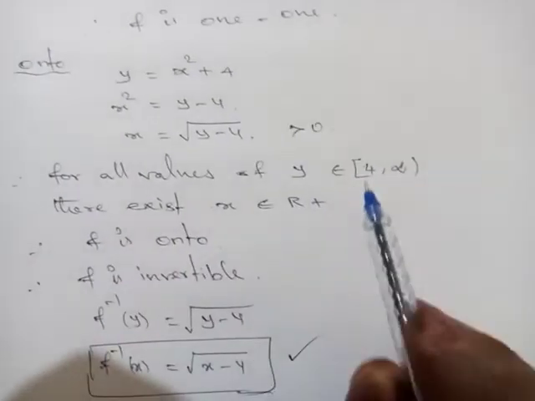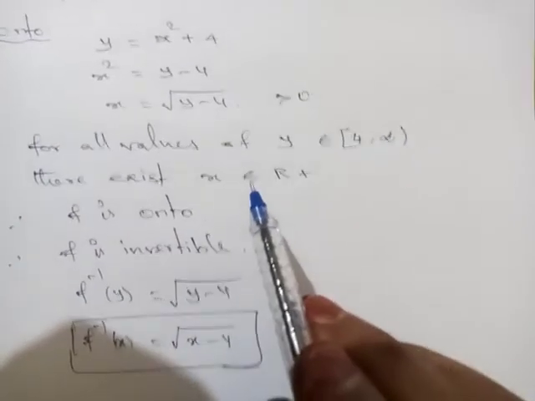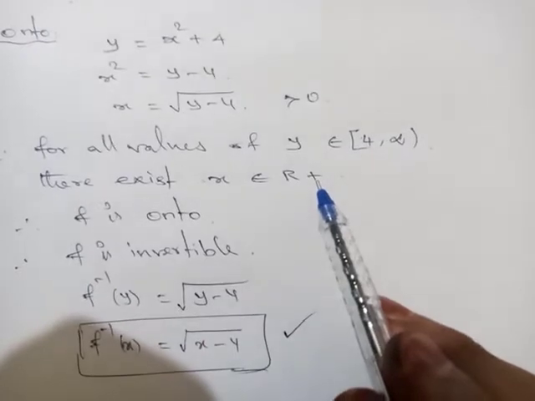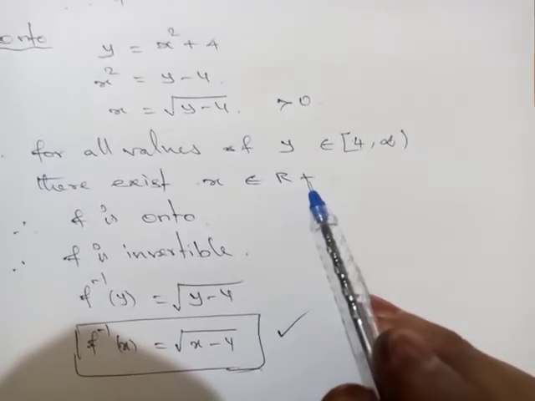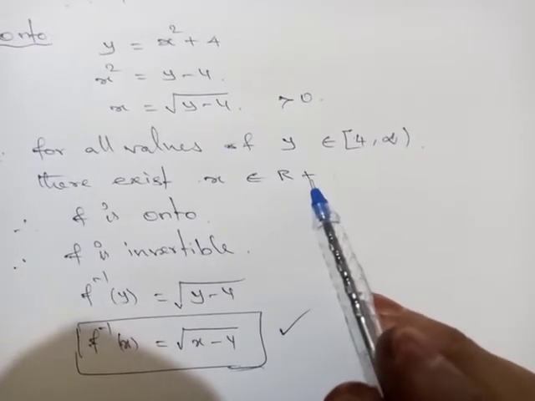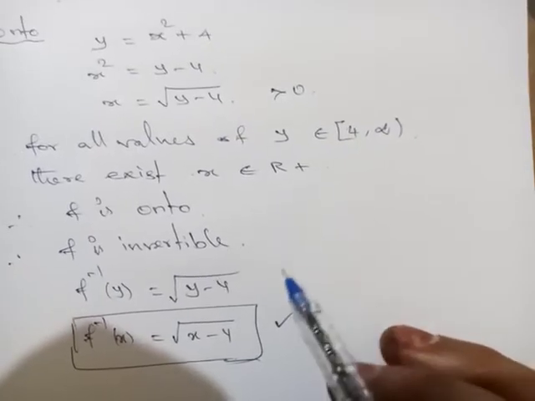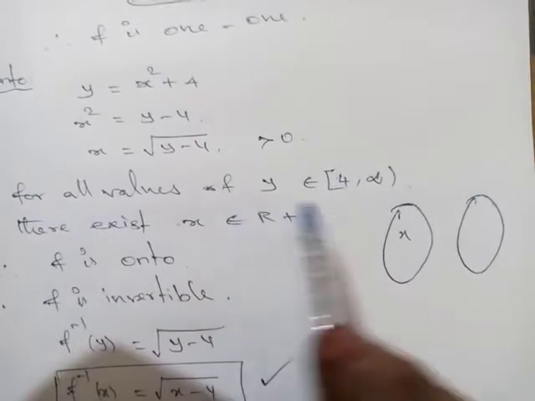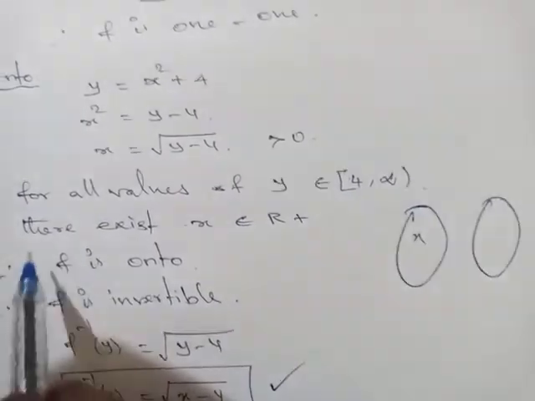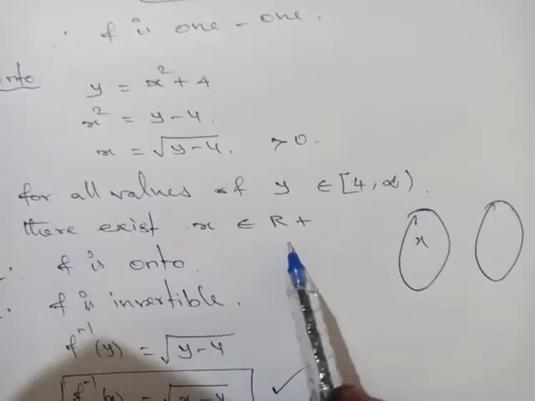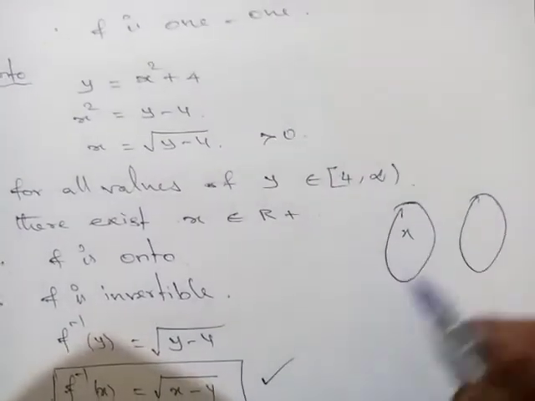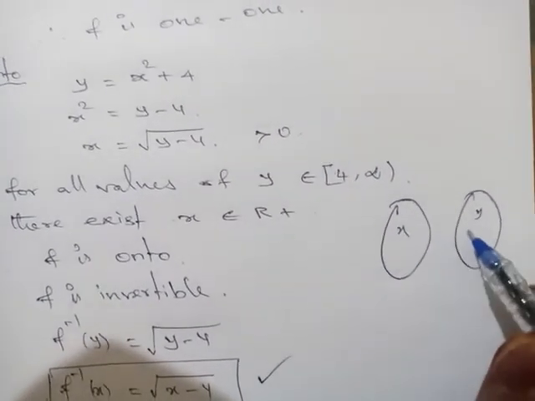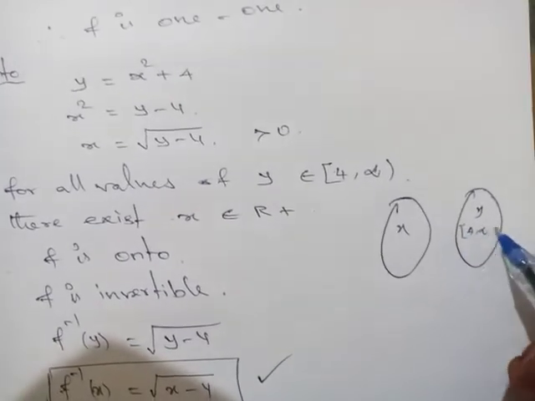Then here I said, for this statement, for all values of y belongs to 4 to infinity, there exists x belongs to R+. This is x, it is nothing but R+. Here it is y, that is nothing but 4 to infinity.